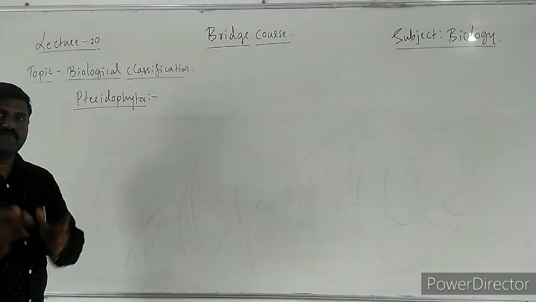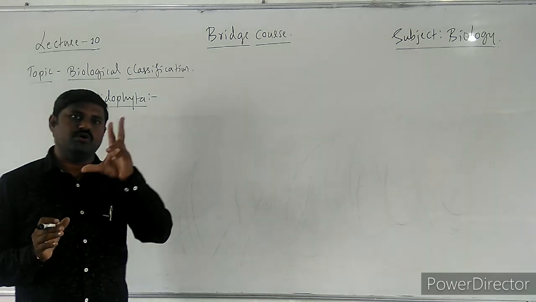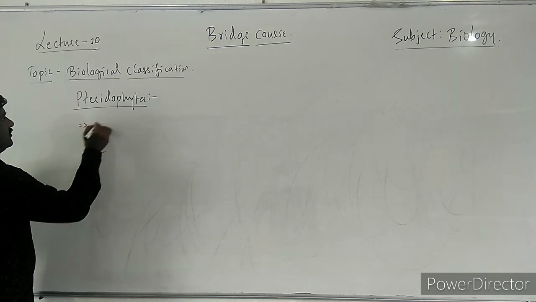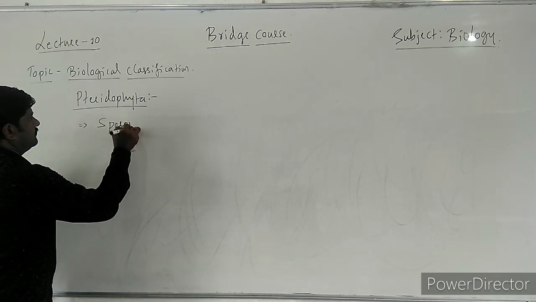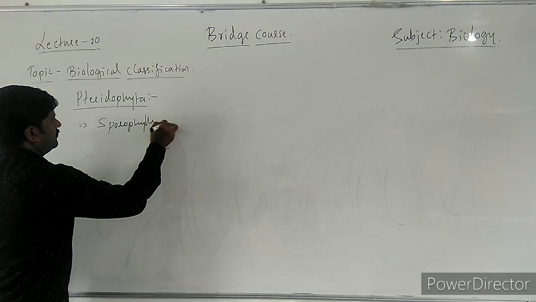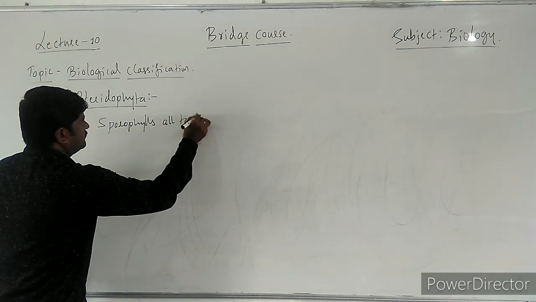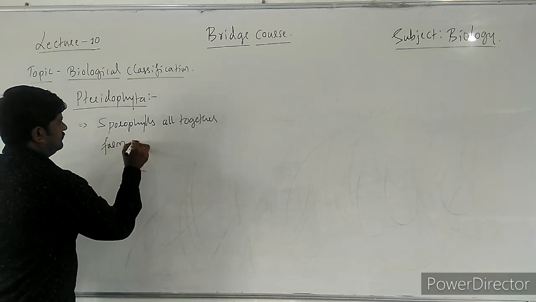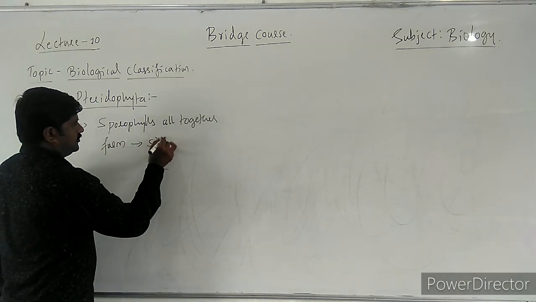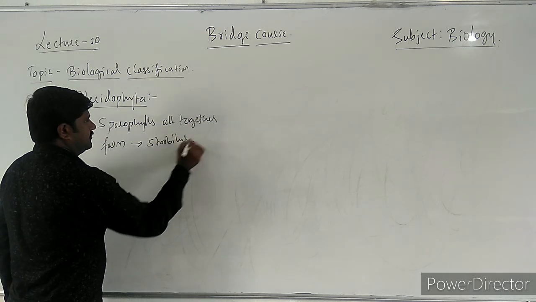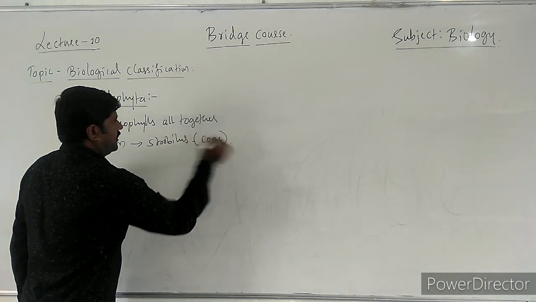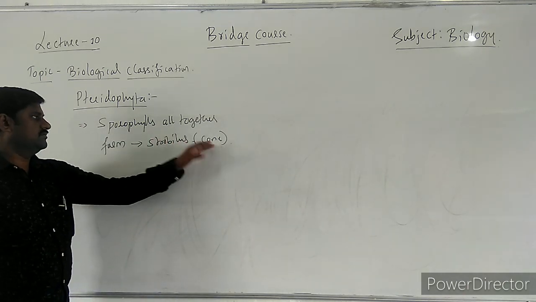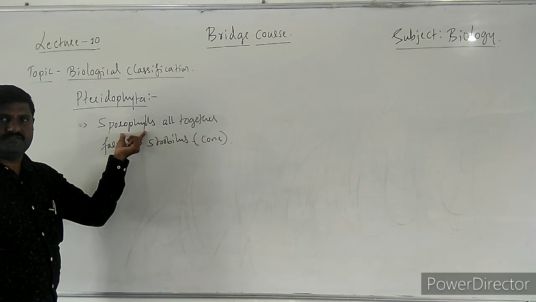All these sporophylls together form one cone-like structure which is called strobilus. This is also simply called a cone. Inside the cone you will come across many sporophylls.